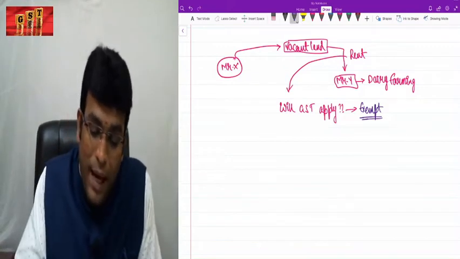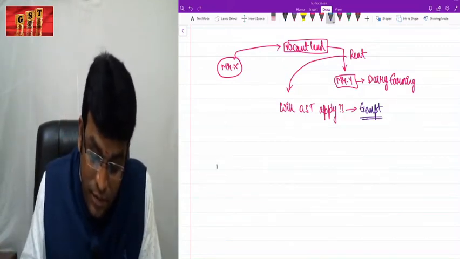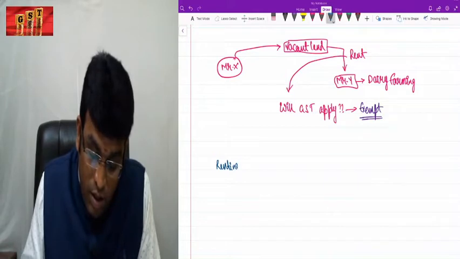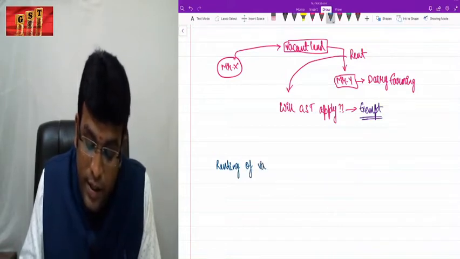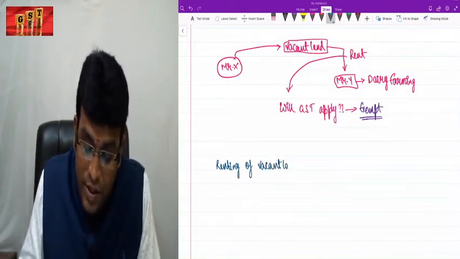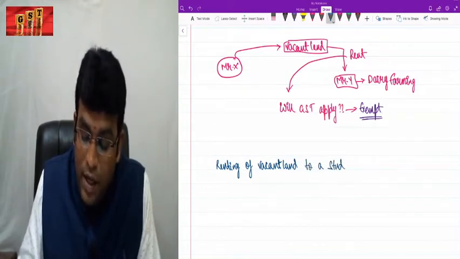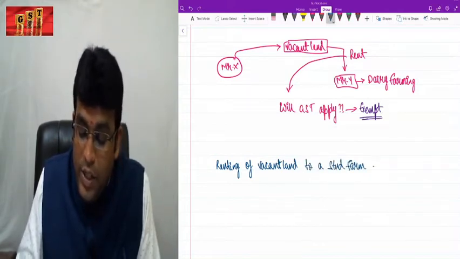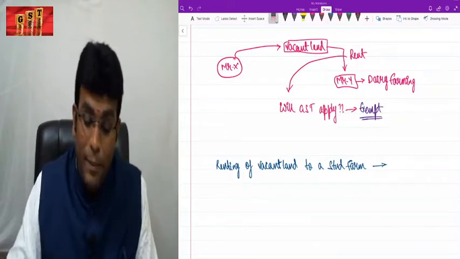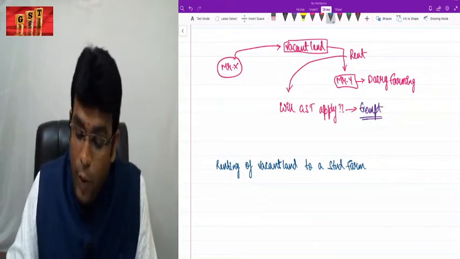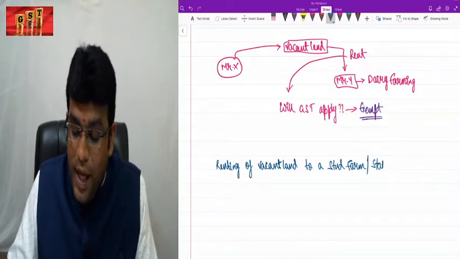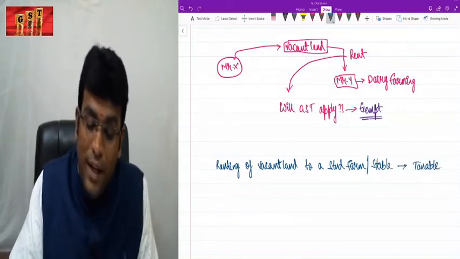But one time a question came in exam, renting of vacant land to a stud farm. I repeat one more time, renting of vacant land to a stud farm or stable. This will definitely become taxable, my dear friends.